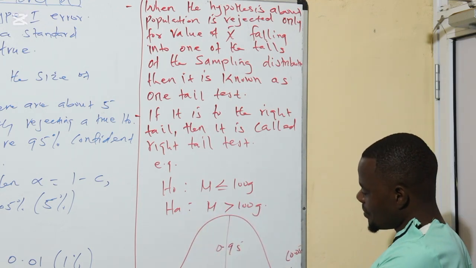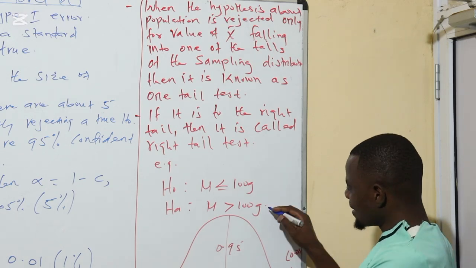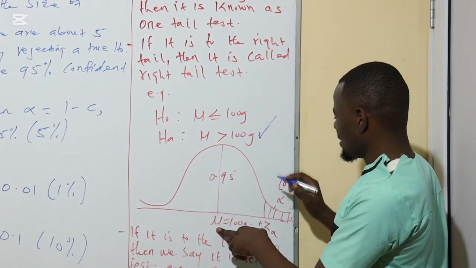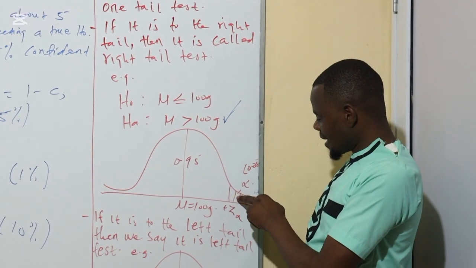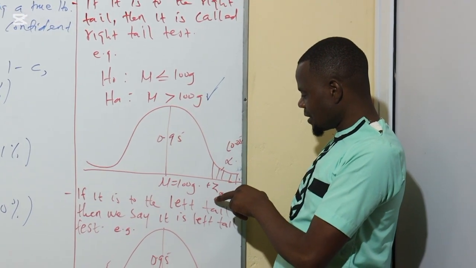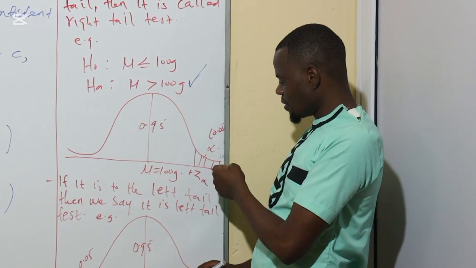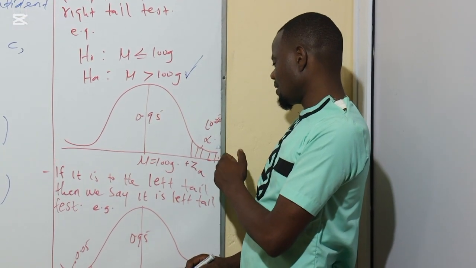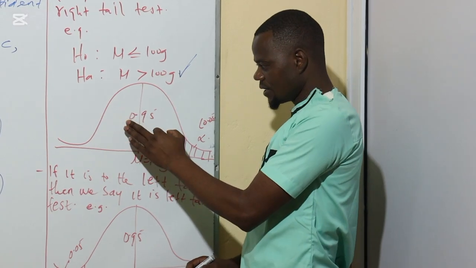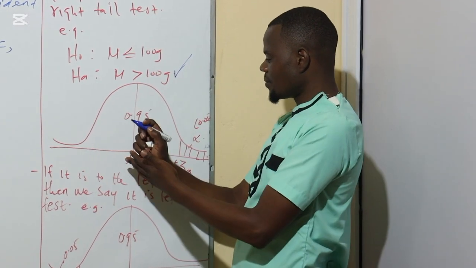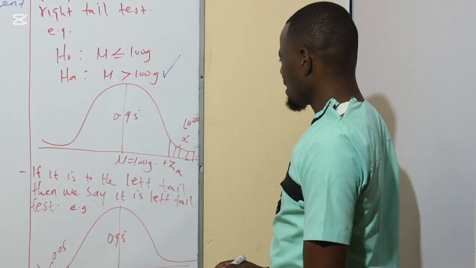So if here is where the mu at the center, values that are greater than 100 are onto your right. So this is the alpha value. If alpha is 5%, don't divide alpha by 2 because it is only falling into one of the tails. So it becomes 0.05. Then the acceptance region will take 0.95. Remember, this is a probability, it must add up to 1.